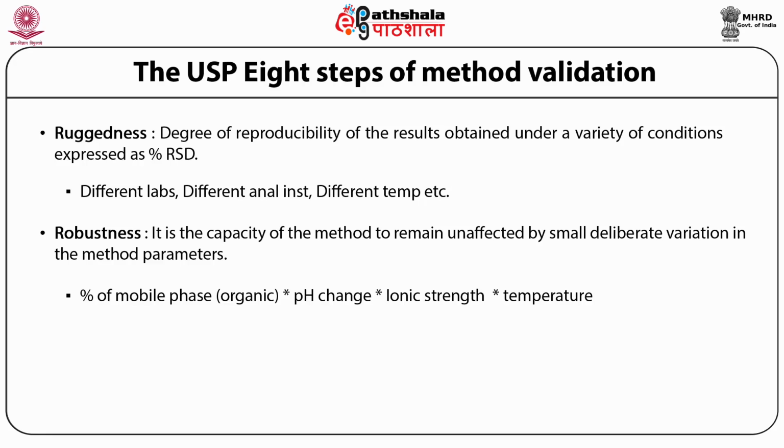Ionic strength: instead of 10 millimolar, if I use 12 millimolar, the method should not change. Percentage of mobile phase, especially for those running isocratic runs and using a filtration assembly: when you are filtering and degassing the isocratic mobile phase, on the next day you will see a drop in organic concentration, and the method should not show much change. That is what is expected from robustness.